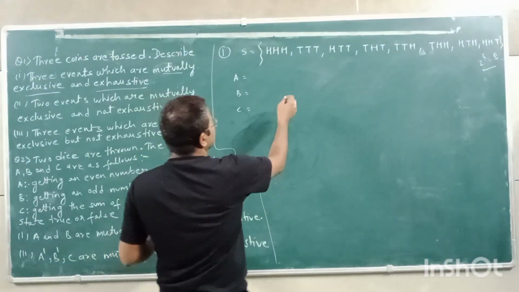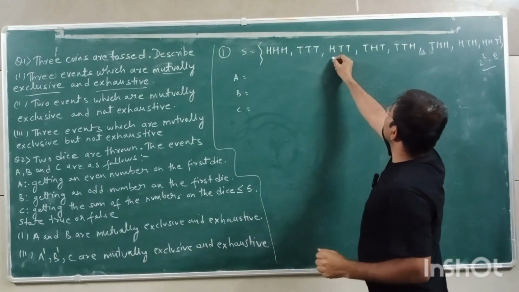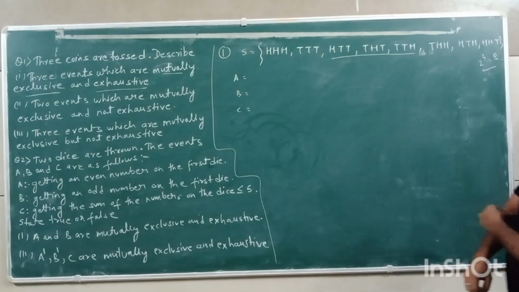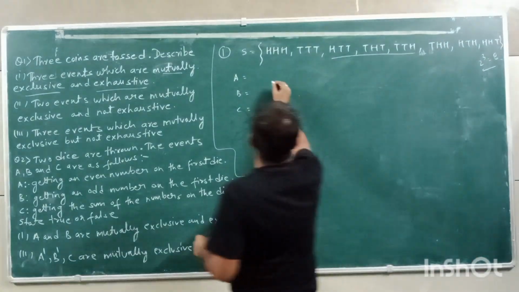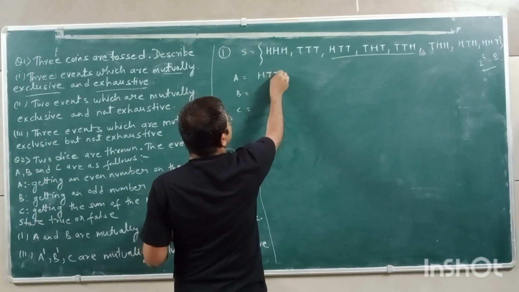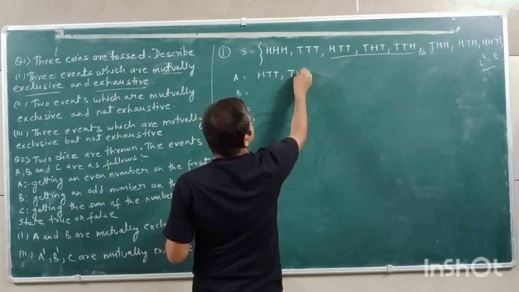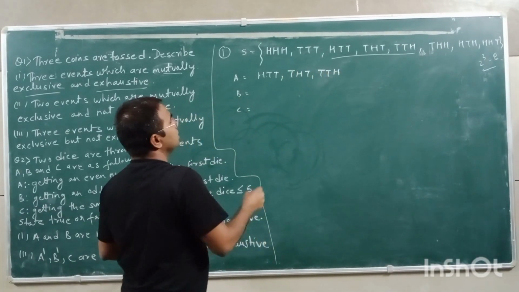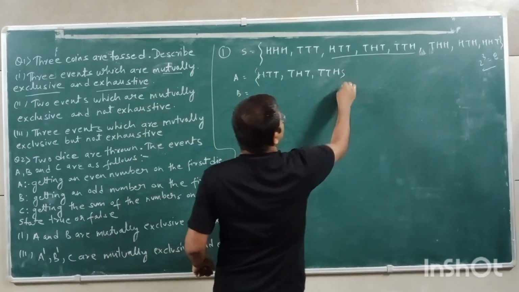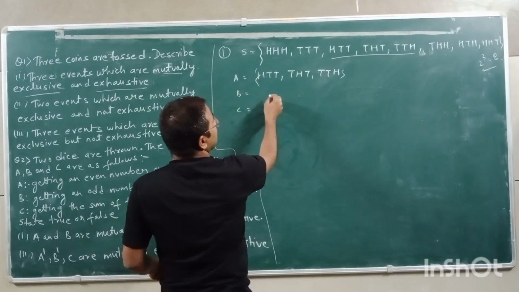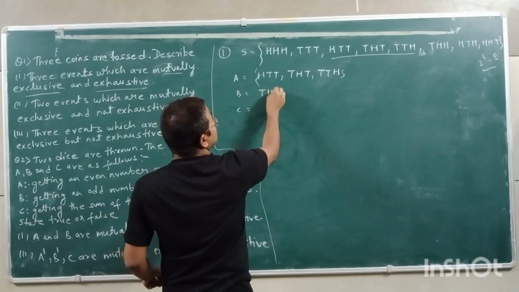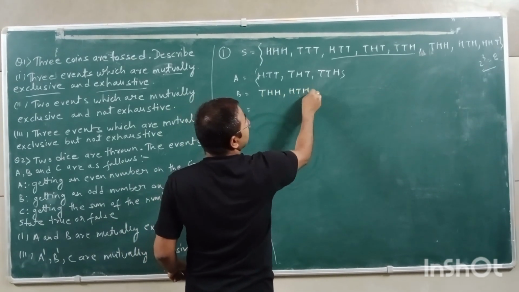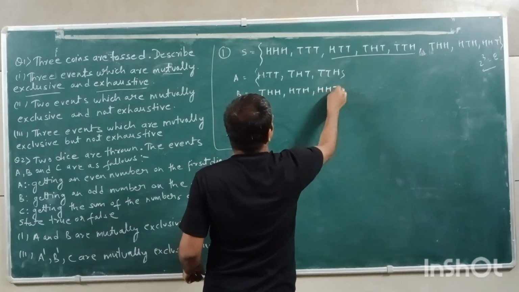Suppose in one event you are getting exactly two tails. So you write HTT, THT, TTH. In another you write THH, HTH and HHT.